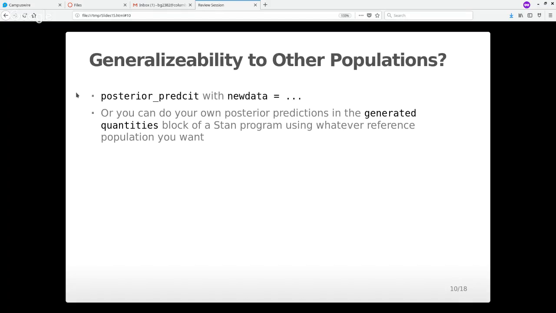And so really the fundamental obstacle is, well, what is the distribution of the predictors in the population you want to make predictions about? If you don't know that, then it's hard, but not because there's any flaw in Bayesian inference or anything like that. It's just you don't know what the distribution of the population is going to be in 50 years or something like that.